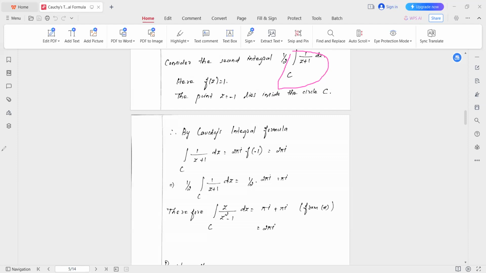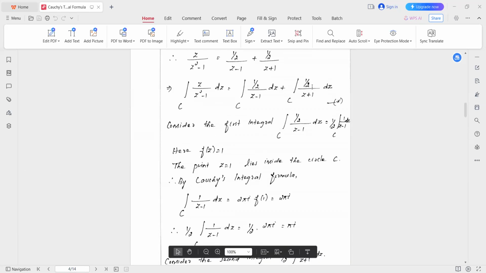But we need the value of this one, because 1 by 2 integral over C 1 by z plus 1 dz is equal to the integral over C of 1 by 2 by z plus 1.